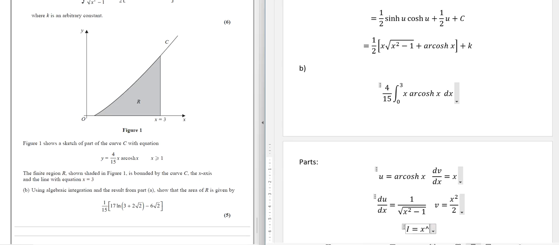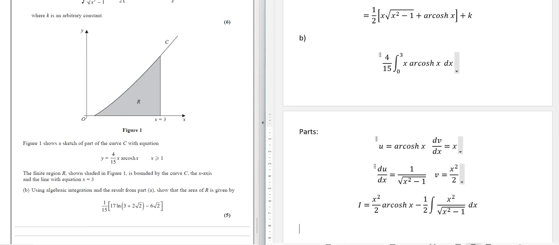Now we have uv, x squared over 2 arccosh x, minus the integral of v du by dx, which is, leave that half outside, x squared over root x squared minus 1. As predicted, it becomes what it is we're expecting. Got to be a little bit careful with this piece.